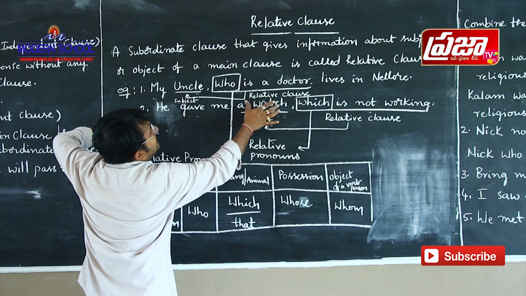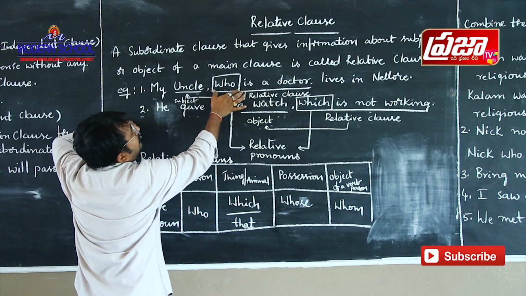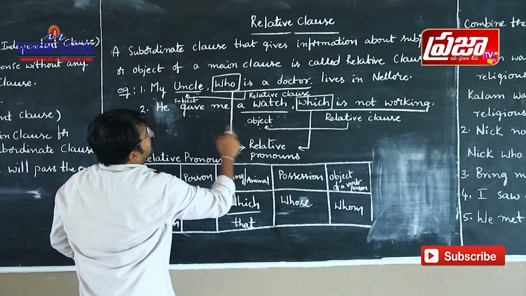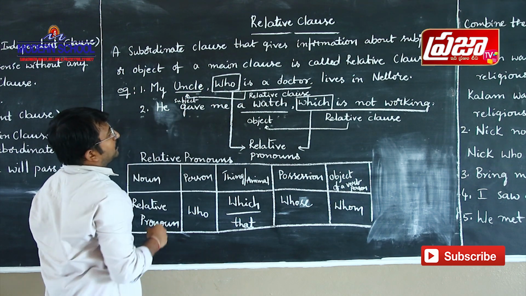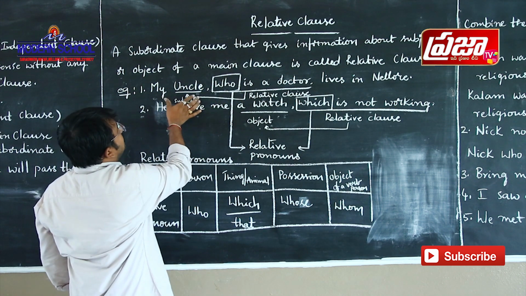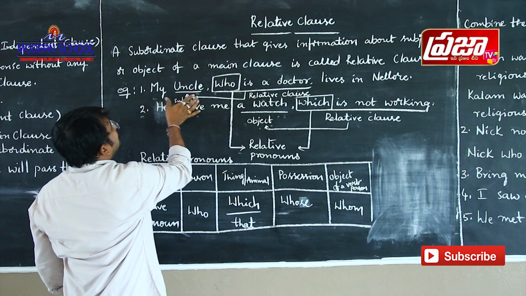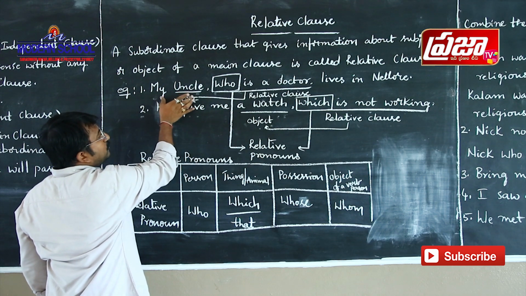And see here, this relative clause is introduced with the relative pronoun. Who is a relative pronoun. Why do we call this who a relative pronoun? First, see here, who is used instead of this, my uncle. My uncle is a noun phrase.